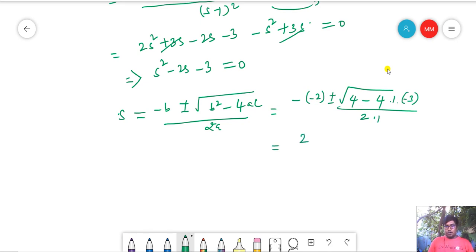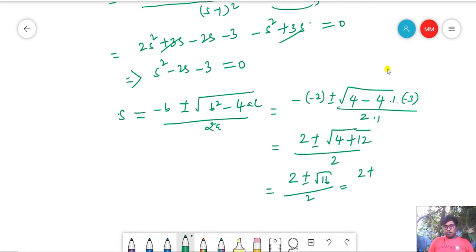Therefore 2 plus or minus the square root of 4 plus 12 divided by 2, which is 2 plus or minus the square root of 16 divided by 2, so 2 plus or minus 4 divided by 2.